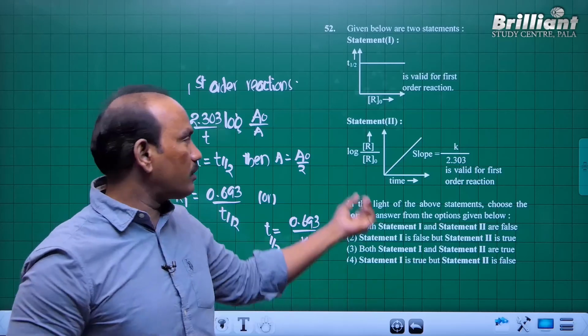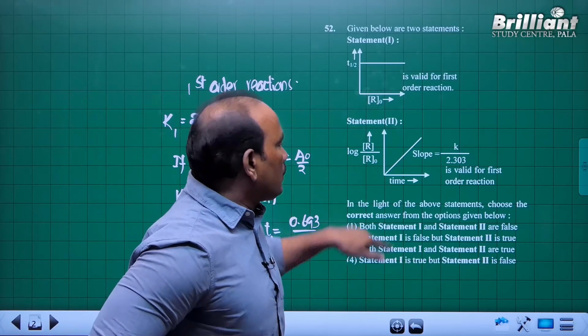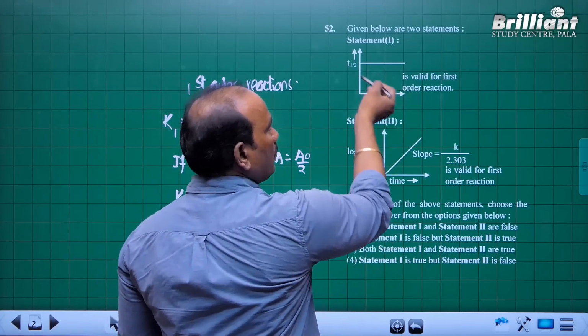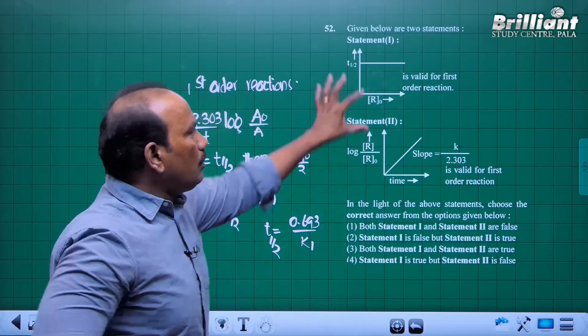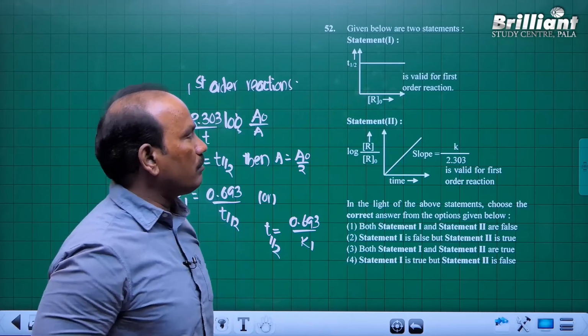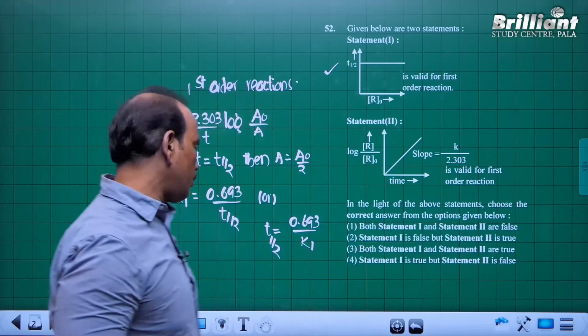Now for first order reactions, different conditions are given here. Here we go to this one. This is initial concentration A0 and half-life time. There is no relation. This is the first order reaction. Is it correct? Next one.